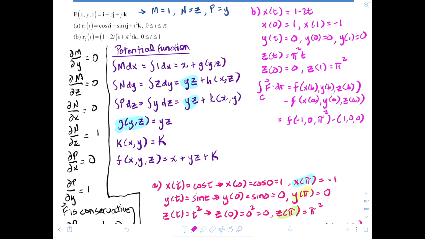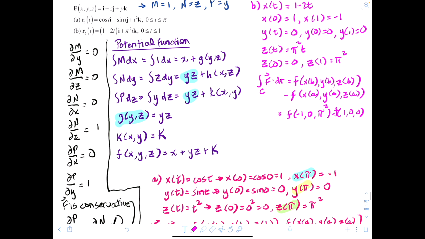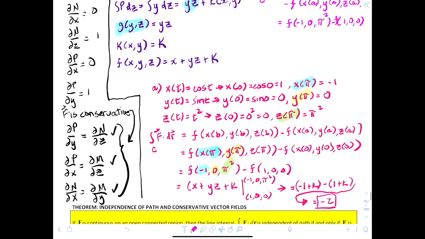So see, it's the same thing. They're just different ways to parameterize the curve. Pretty groovy, huh? So basically minus f at that. And we did this below, remember?